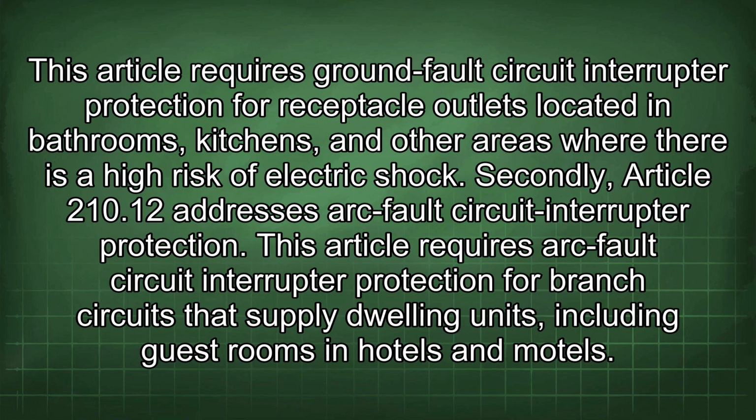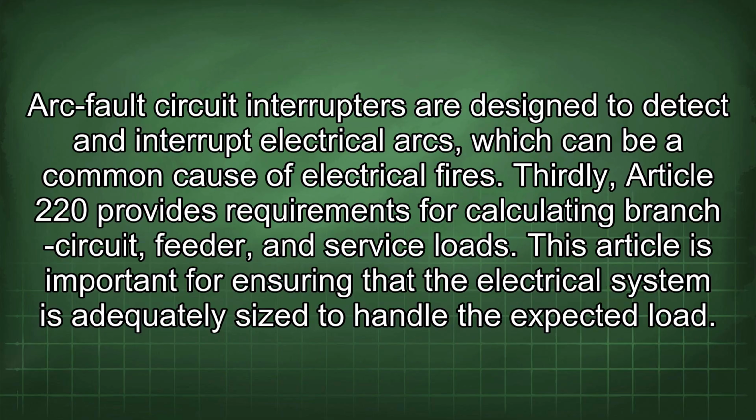Secondly, Article 210.12 addresses arc fault circuit interrupter protection. This article requires arc fault circuit interrupter protection for branch circuits that supply dwelling units, including guest rooms in hotels and motels. Arc fault circuit interrupters are designed to detect and interrupt electrical arcs, which can be a common cause of electrical fires.